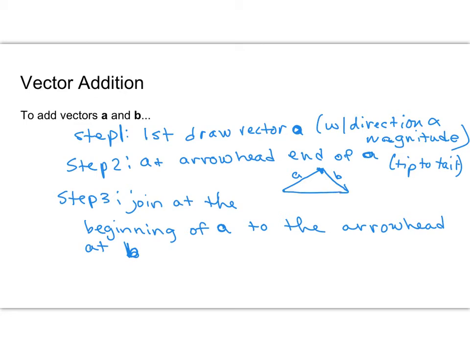Beginning of A to the arrowhead of vector B. That is vector A plus B.